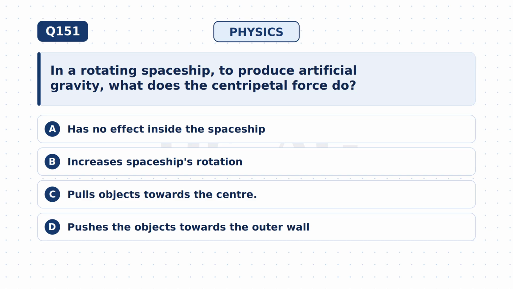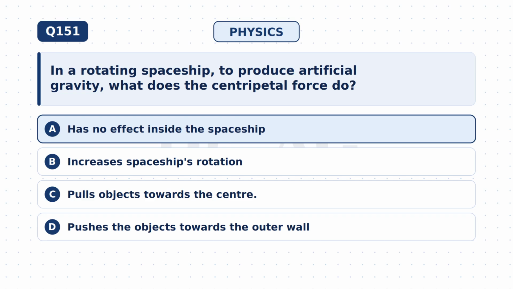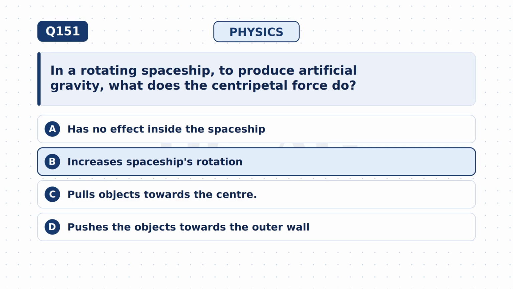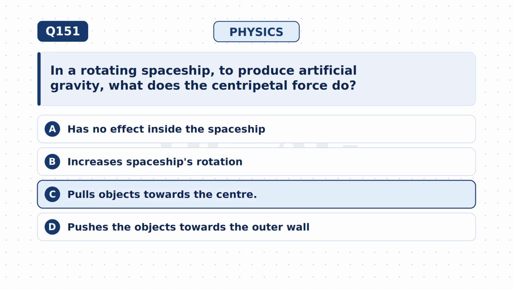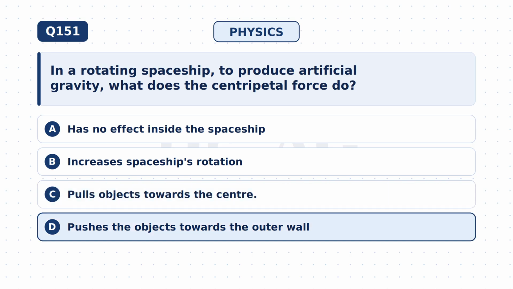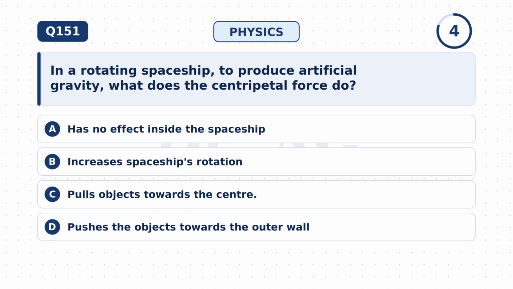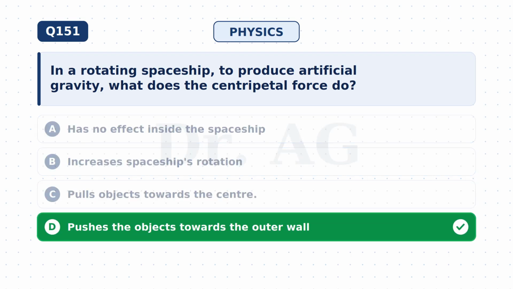In a rotating spaceship, to produce artificial gravity, what does the centripetal force do? Option A, has no effect inside the spaceship. Option B, increases spaceship's rotation. Option C, pulls objects towards the center. Option D, pushes the objects towards the outer wall. The correct answer is D, pushes the objects towards the outer wall.